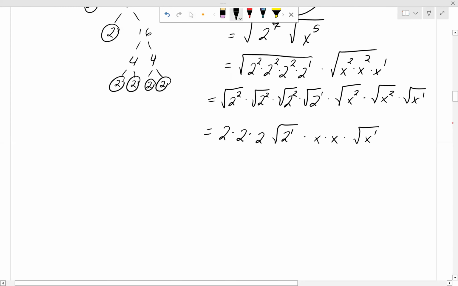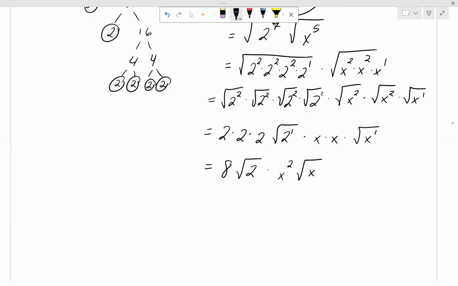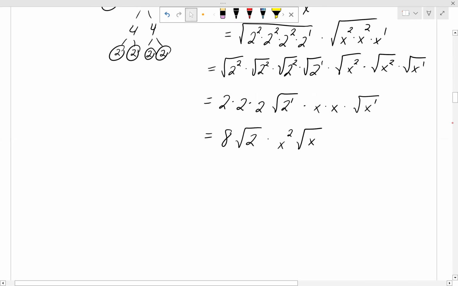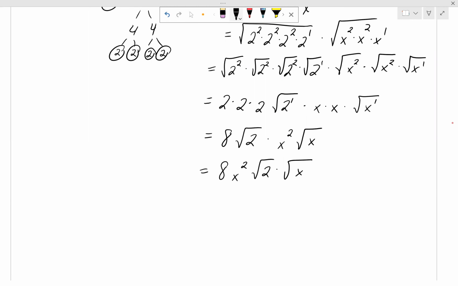Now I can group things and move stuff around. I'm going to collect these 2's, and I'm going to have 2 times 2 times 2 is 8 on the square root of 2, times x times x, which is x squared, on the square root of x. I'm going to move these around a little bit more to make it prettier: 8x squared times the square root of 2 times the square root of x.